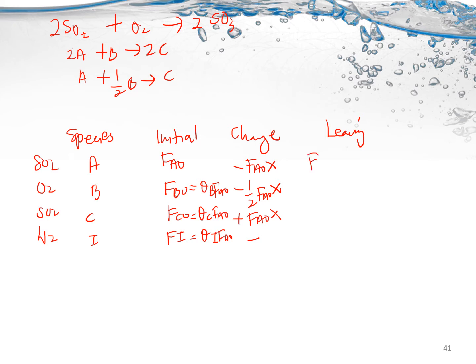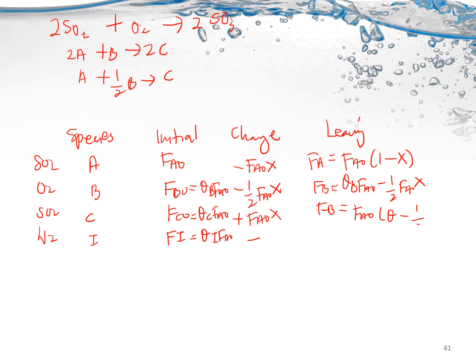FA is equal to FA0 (1 minus x). Okay, and then FB is equal to theta B FA0 minus FA0x. Or you can write FB is equal to, simplified, FA0 (theta B minus x over 2).